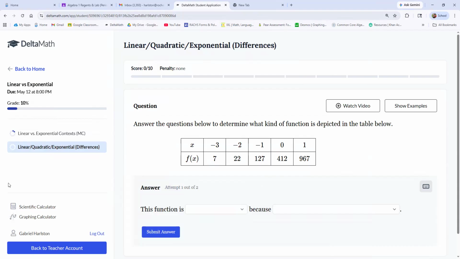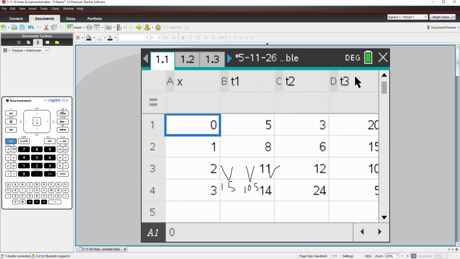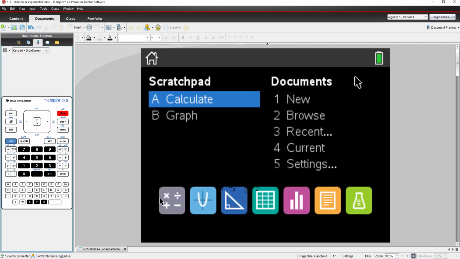We have markers. So look, this is going up by 15, and then this one is going up by 105. So we know this is definitely not linear. Let's see, this one is going up by like 200 and something. I guess the question is, is this exponential? So 22/7. So what I'm gonna do real quick is a quick little check here.